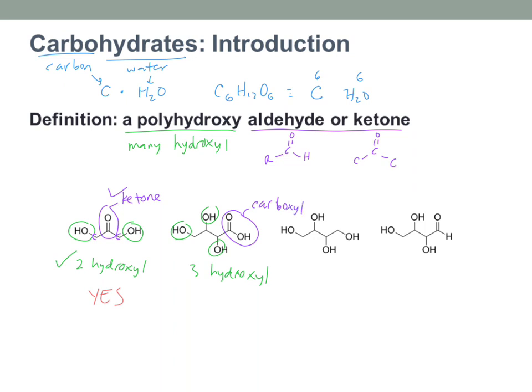And that's where my problem lies. Yes, I have hydroxyl groups, but I don't have an aldehyde or ketone. The carboxyl is not an aldehyde, nor is it a ketone. So that means no, this is not a carbohydrate, because it has neither an aldehyde nor a ketone.